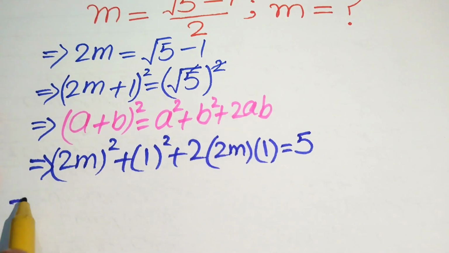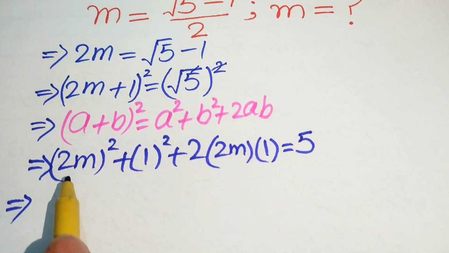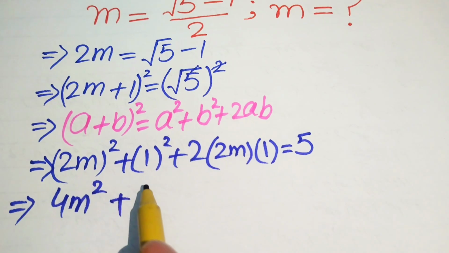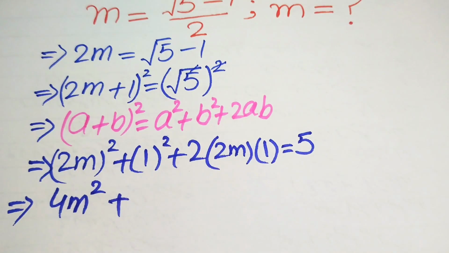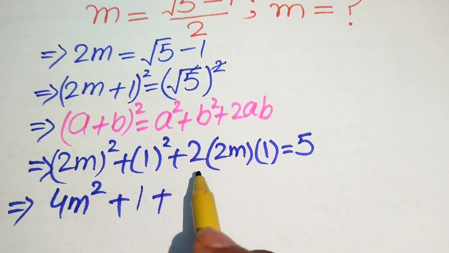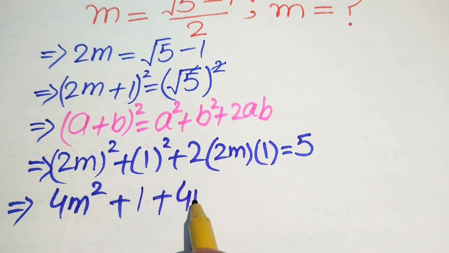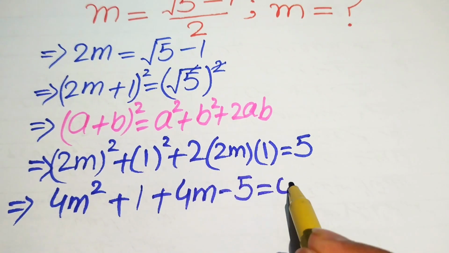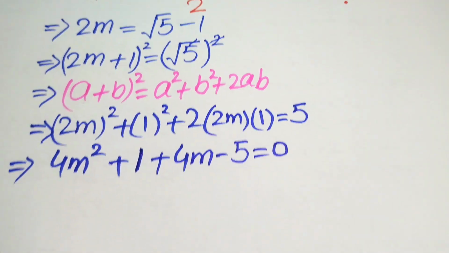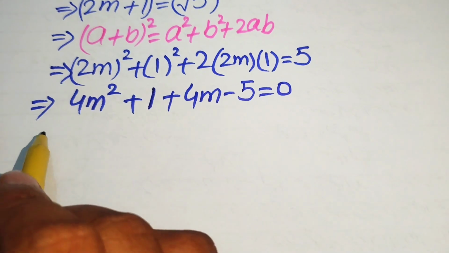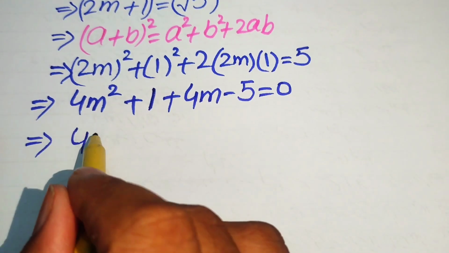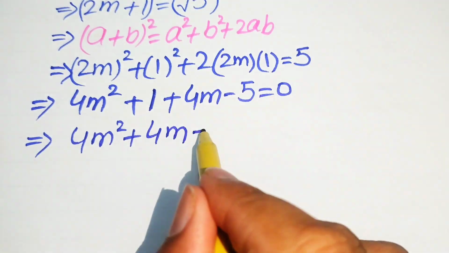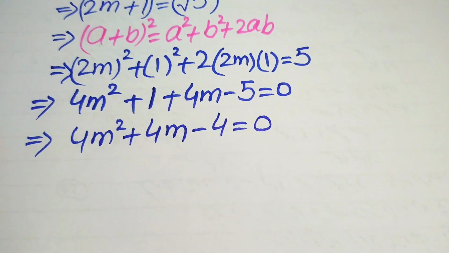And now after this step we write it as: (2m) square equals 4m square, plus 1 square equals 1, and plus 2 times 2 is 4m, and we move this 5 to the left hand side and it becomes minus 5 equals 0. After that we rearrange the terms and write it as 4m square plus 4m, and 1 minus 5 equals minus 4, and this whole equals 0.